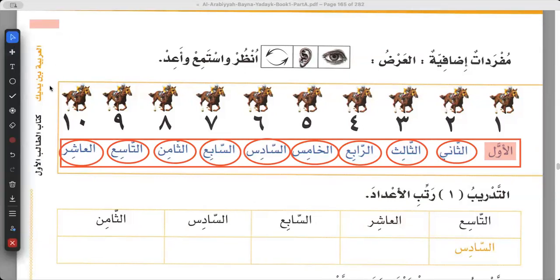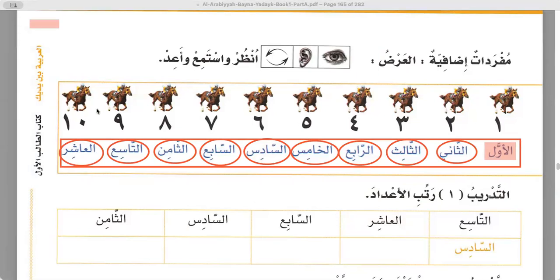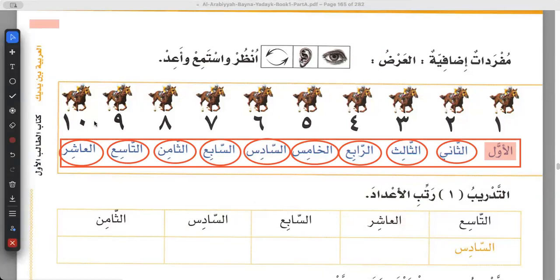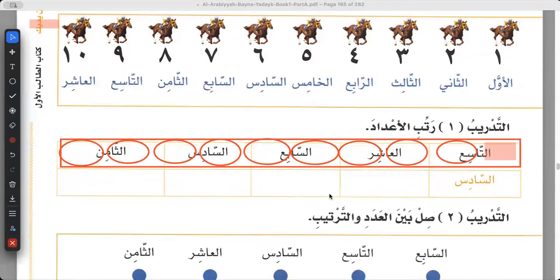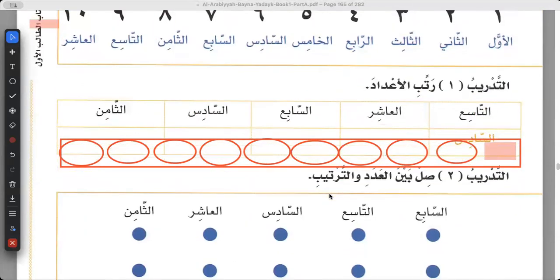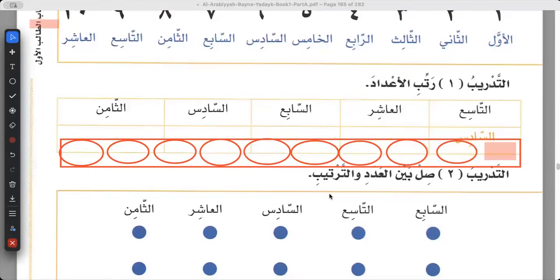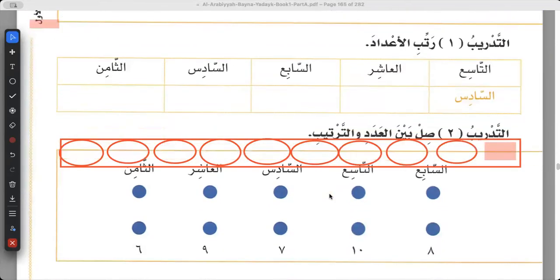So let's quickly go through the exercises and see if we can gain 1 or 2 things. التدريب الأول رتب الأعداد.